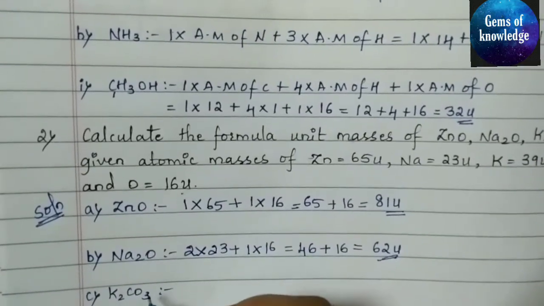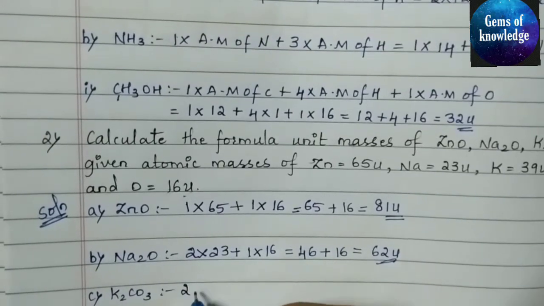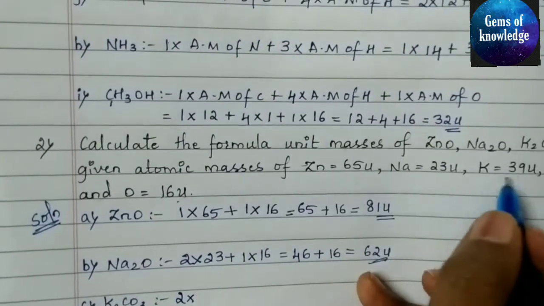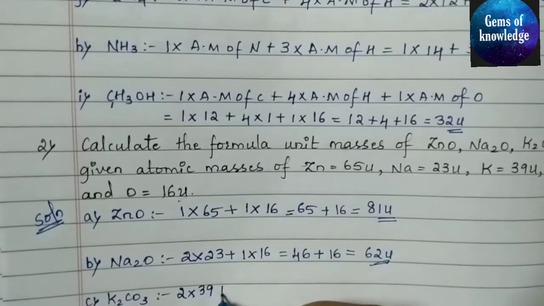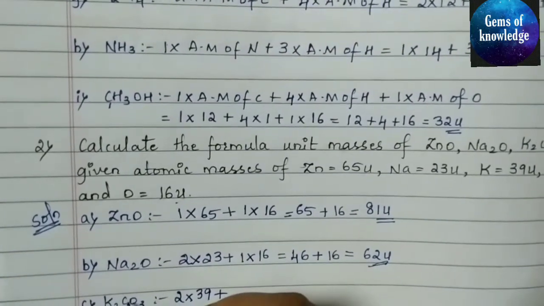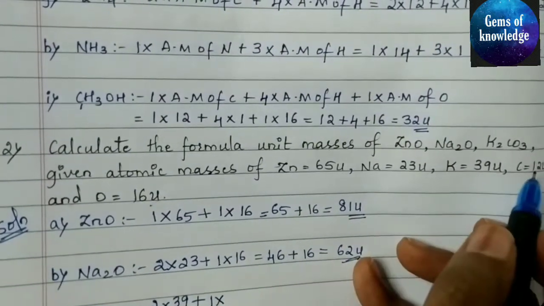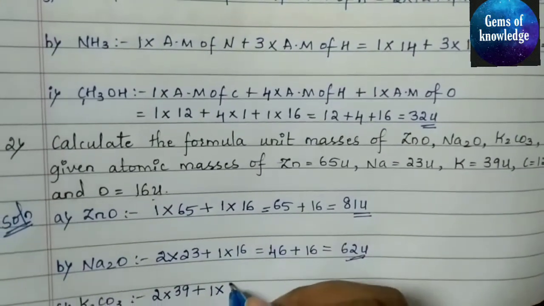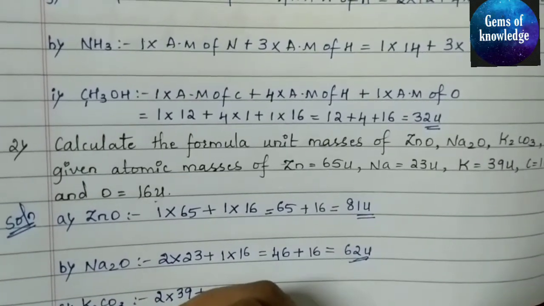Next, similarly the last one they have given, K2CO3. So K is how many times? 2 times K. What is the number here for K? They have given it as 39, plus C is given how many times? 1 time. So 1 into C, what is the atomic mass here? C atomic mass, that is 12, plus O is 3 times.